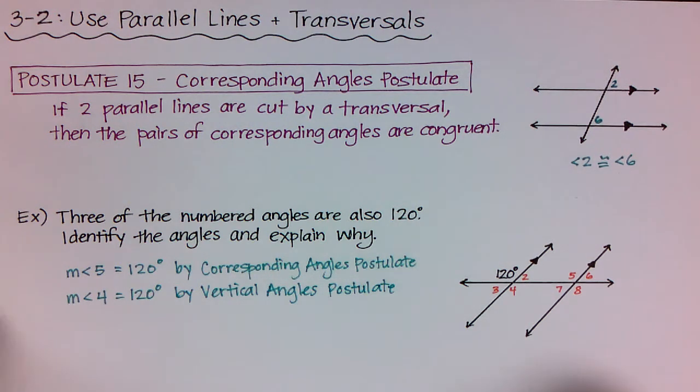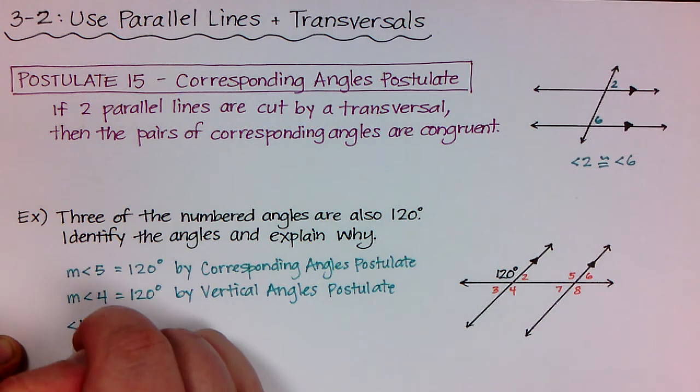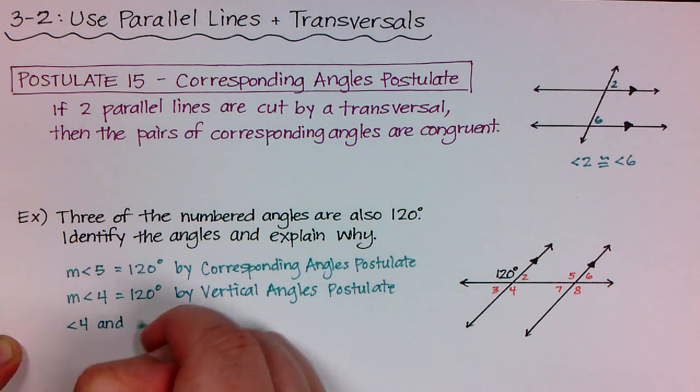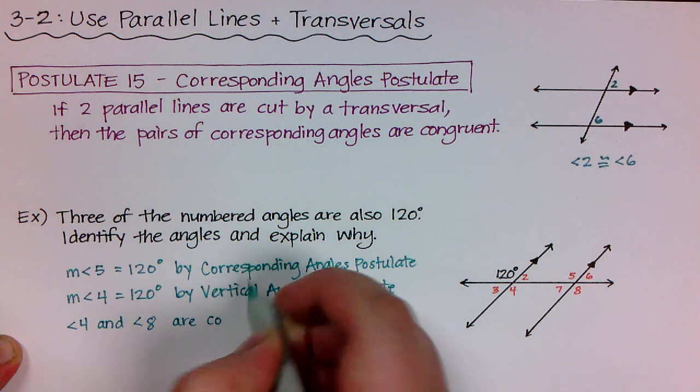Okay, so I found 2 of those angles. The third one, now that I know what 4 is, I could see that it is a corresponding angle with angle 8. So I'm going to say that angle 4 and angle 8 are corresponding angles.